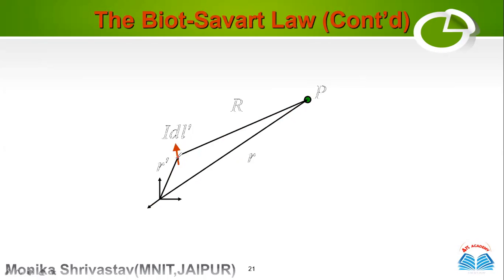The arrow represents the direction of current. If we take any infinitesimal length of this wire, I am not talking about the whole length, I will cut the wire into pieces and select one piece, and that piece has length dl. This is your dl.